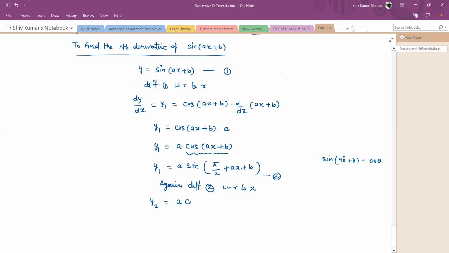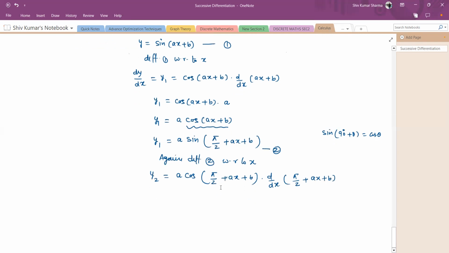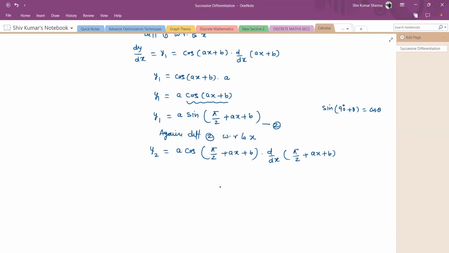So we write a into cos(pi/2 + ax + b) into d/dx of (pi/2 + ax + b). Pi/2 is constant, b is constant, so we get (pi/2 + ax + b) into a.